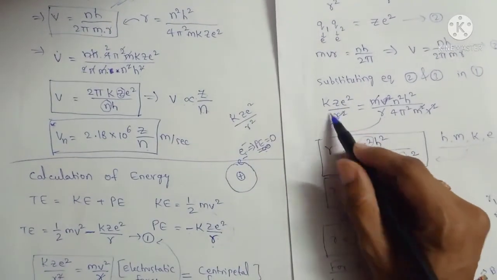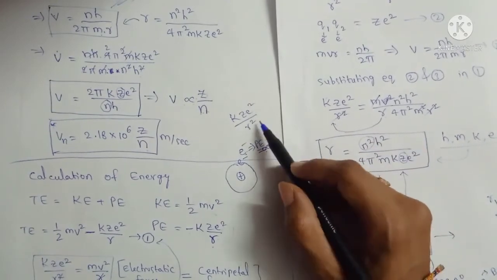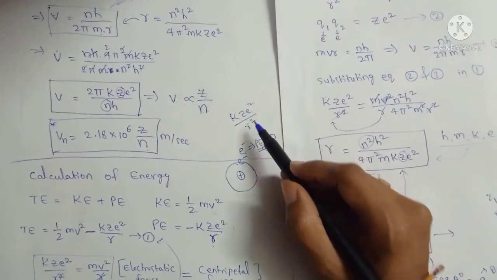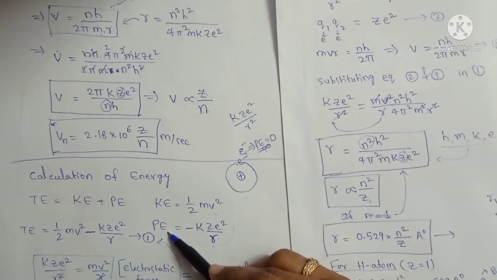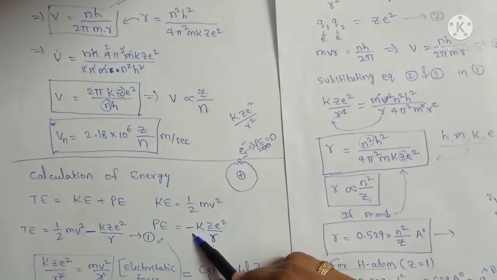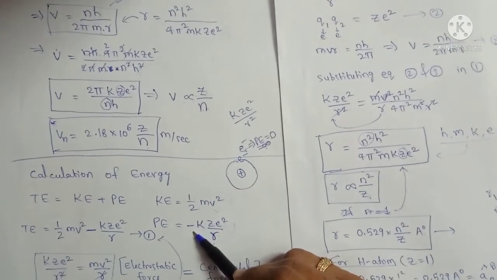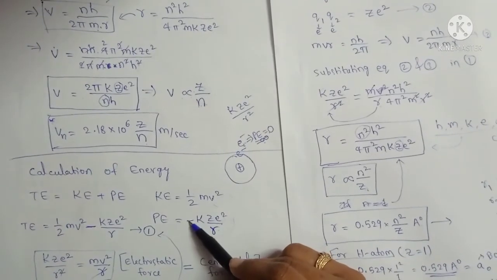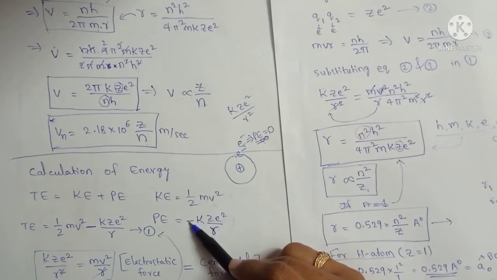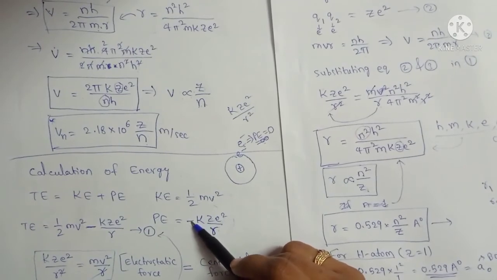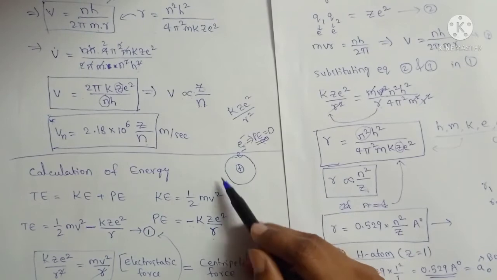So this one. Okay. When we integrate this equation, we get the equation for potential energy, that is minus kZe square by r. So why is potential energy negative? The electron is under electrostatic force of attraction, which means it is revolving.